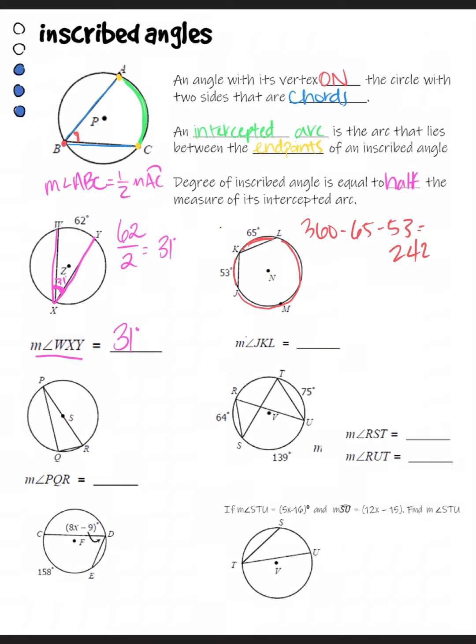So JML is 242. What's our question asking for? Measure of JKL, so we want this angle. Again, we're going to take that big arc measure, divide it by 2, and that gives me 121. So that K is 121 degrees.